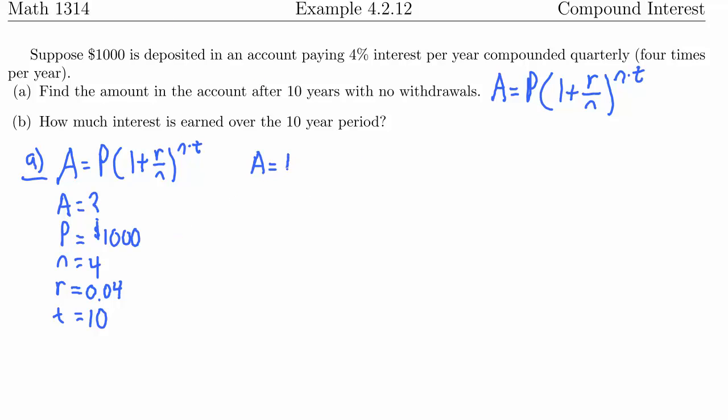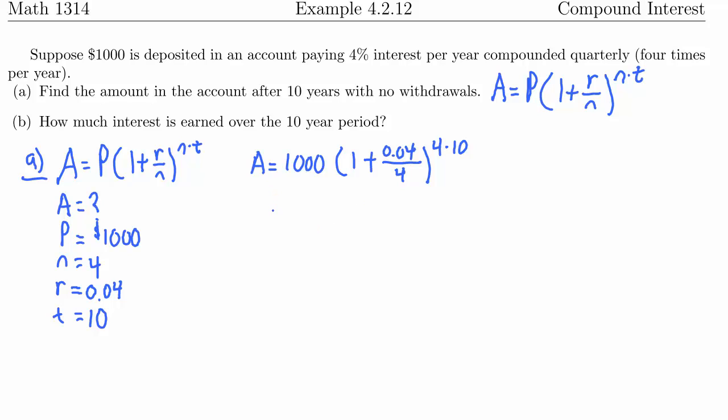P is 1,000, times (1 plus 0.04 divided by 4), all to the 4 times 10. Now this you can simply type into a calculator to figure out what that actual value is. Be sure to round to 2 decimal places because we're working with money, and money stops after 2 decimal places. In other words, it tells what the cents are.